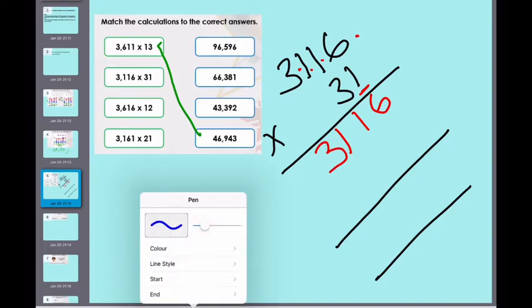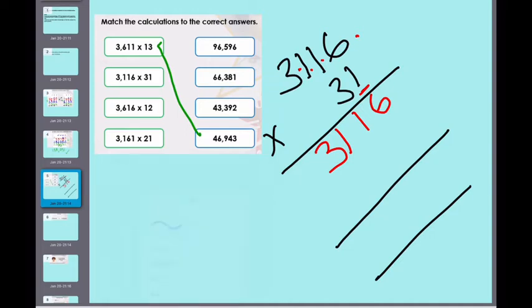Moving on to the tens, pop my placeholder in. I'm looking at 3 tens, which of course is 30, but I'm going to calculate as though it's 3 because I've put my placeholder in. So 3 times 6 is 18.